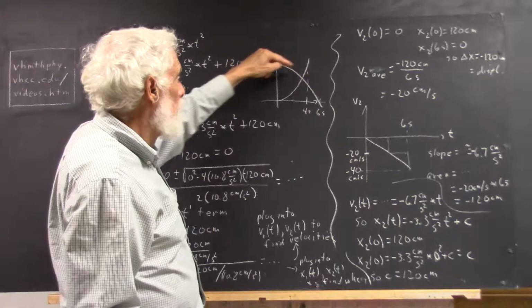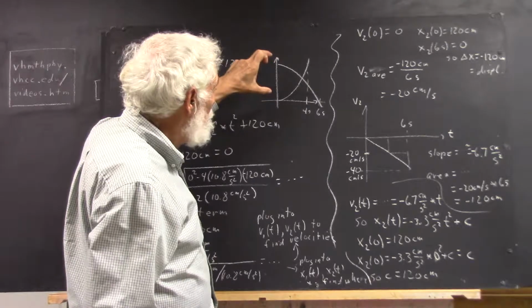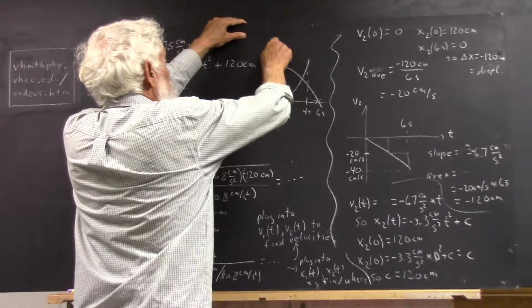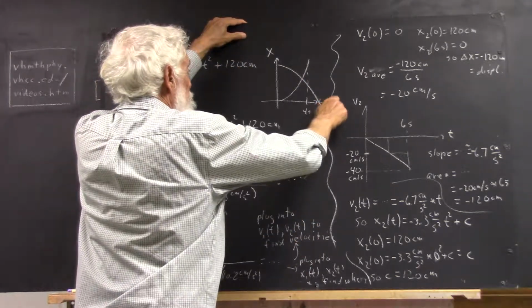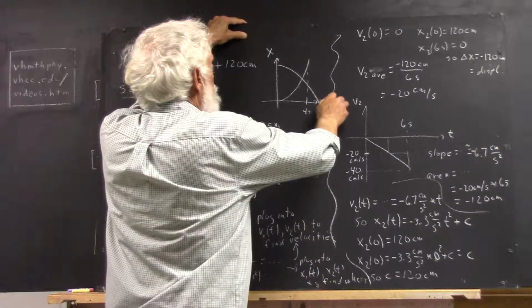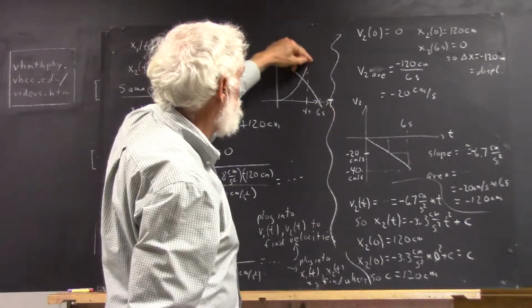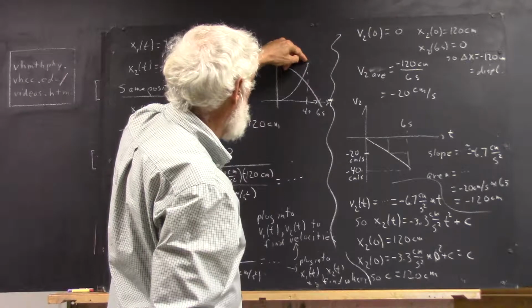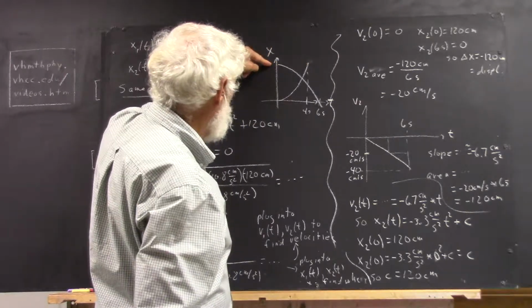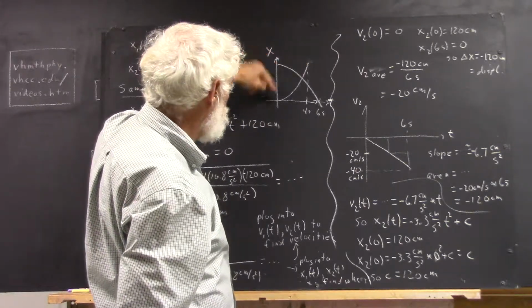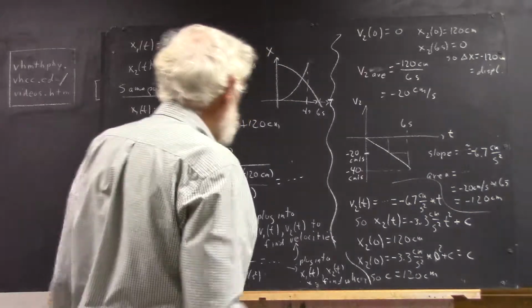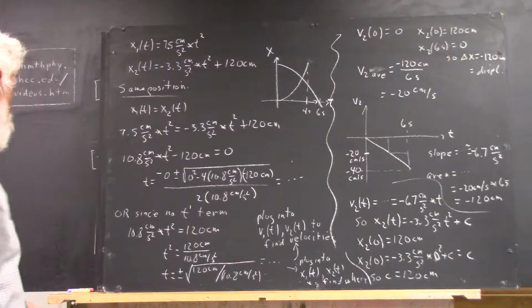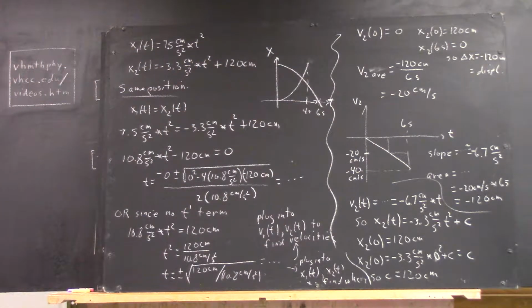This one starts at the same position, because remember now this is position versus time, not velocity versus time. Same position, so really probably, it stops right there. And the position is the same where this one starts as where this one stops. And we've already looked at this kind of a graph, so I'm not going to say too much about that.